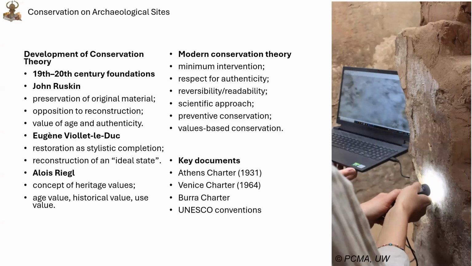One of the most influential figures was John Ruskin, who strongly opposed reconstruction and emphasized the importance of preserving original material and the authenticity of aging structures. For Ruskin, traces of time were part of the monument's value.